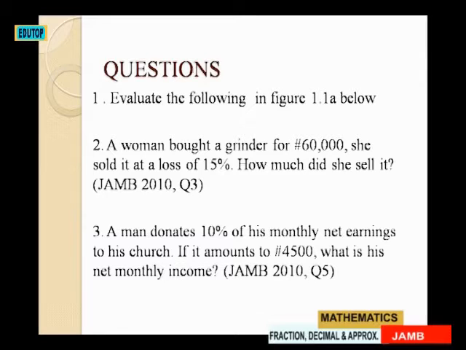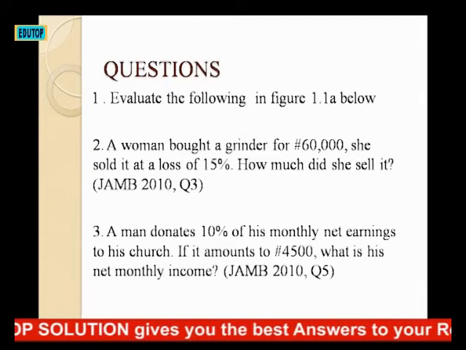In this situation, this one that has to do with weight, you are to write your parameters in accordance so that at the end you can get the correct answer. So a woman bought a grinder for 60,000 naira. So that is the cost price, 60,000 naira.